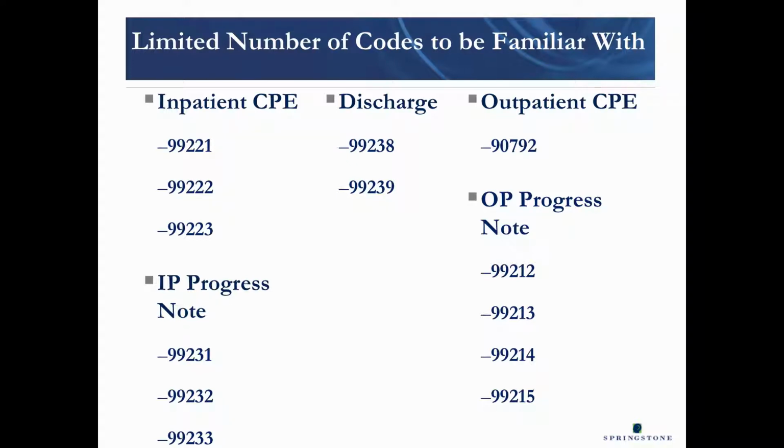For our outpatient CPEs, we actually only use 1 code, 90792. We don't use the E&M new patient codes for outpatient, and there are a few reasons for that.